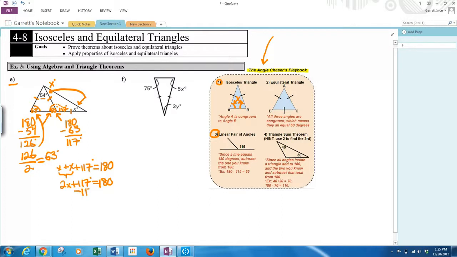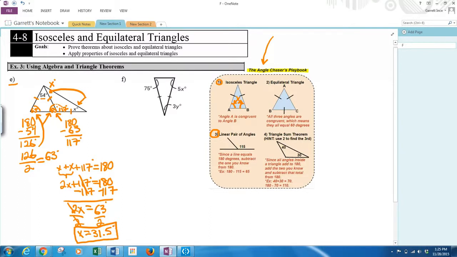We're going to subtract the 117 from both sides, making sure that we keep our equation balanced. That'll scratch out. And you're left with 2 times this thing called x that we're trying to find out is equal to 63 degrees. And now in this final step, you could simply divide by 2, scratch, scratch. That x must be representing 31.5 degrees. And we're going to go ahead and box that up nicely so that our teacher can find it.